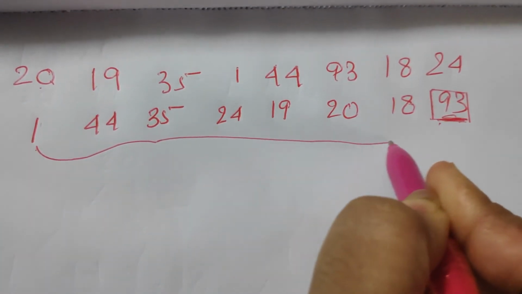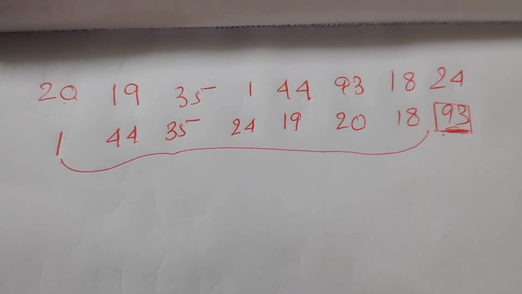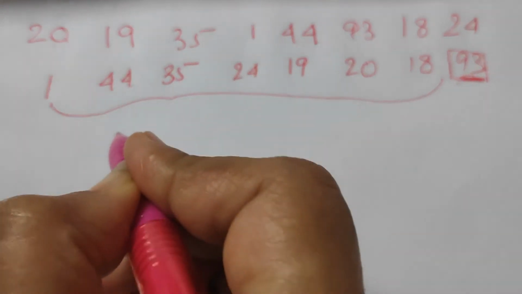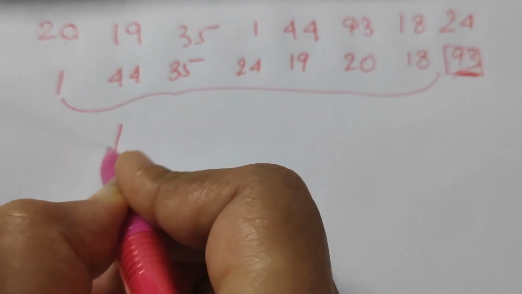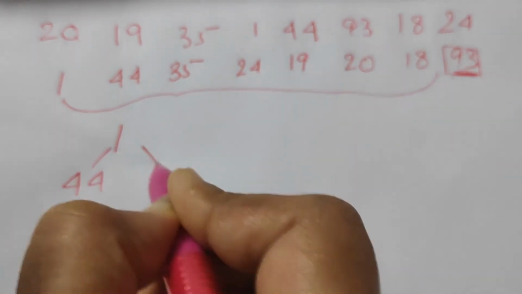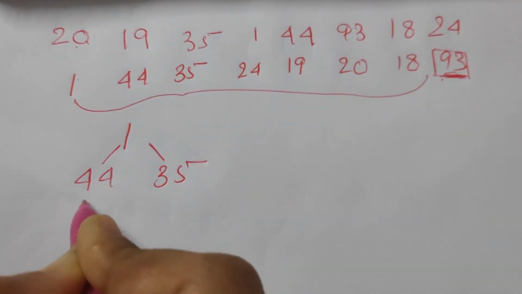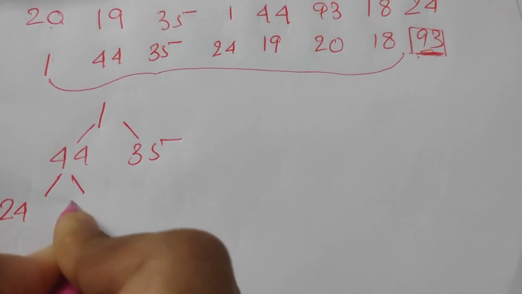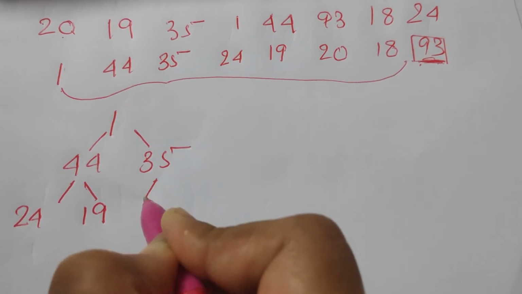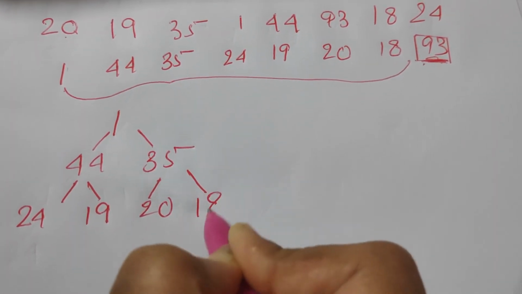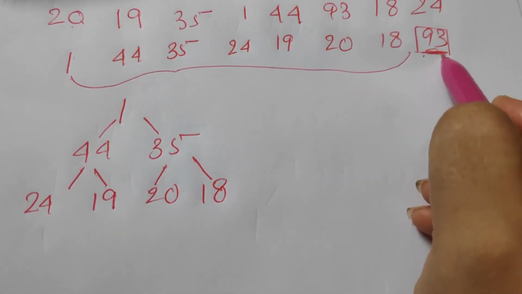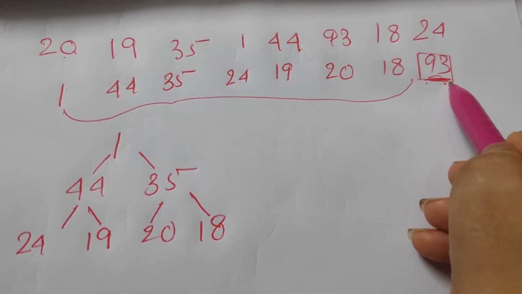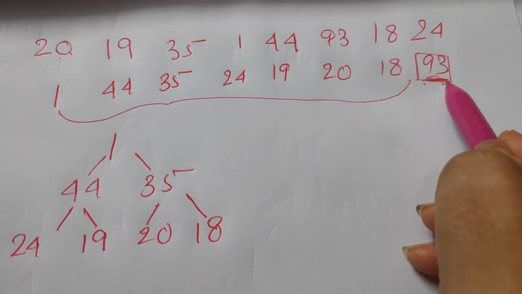create heap out of these remaining numbers, right? So the heap was looking like this. After 93 was replaced with 1, the heap was looking like this. So we will leave this number 93 because 93 has already got its correct position in the sorted array.